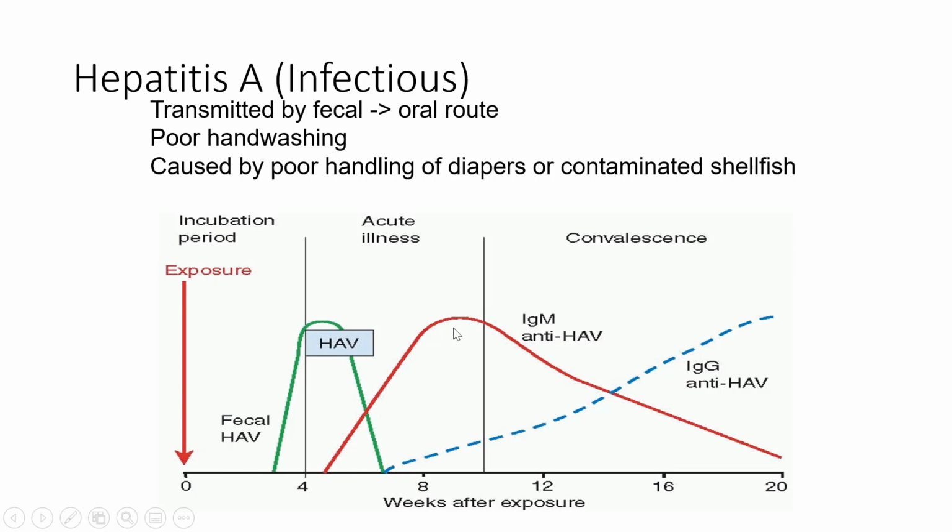And it's important to note here's the early rise of IgM antibody, right? That's telling you, IgM is telling you that this is an acute infection. And then you have the convalescence period where the IgM starts to wane down, and now you have IgG rising, which means that this has now entered into the chronic phase, weeks after exposure, I should say.